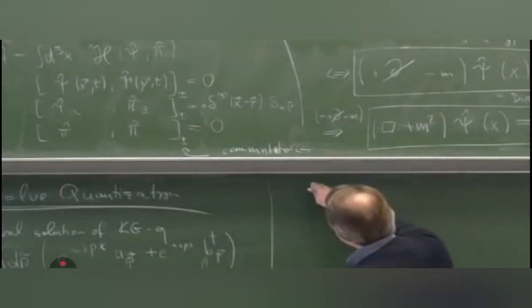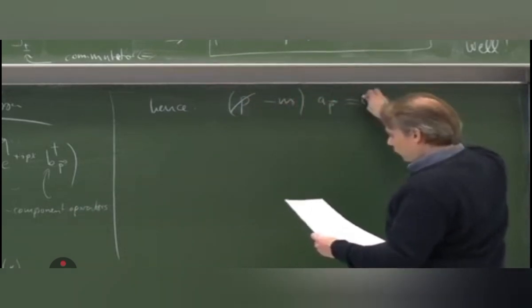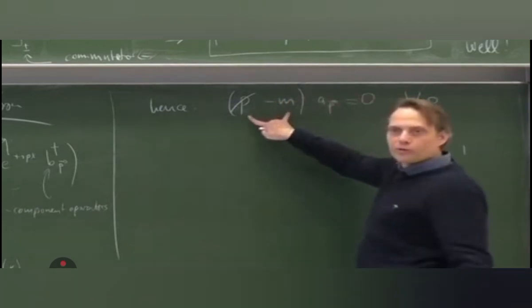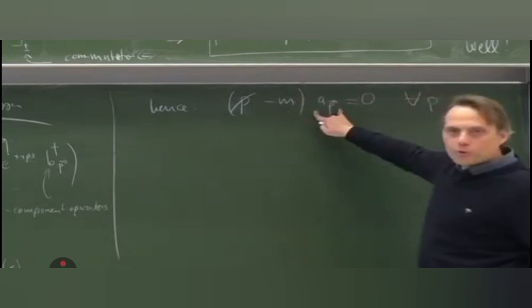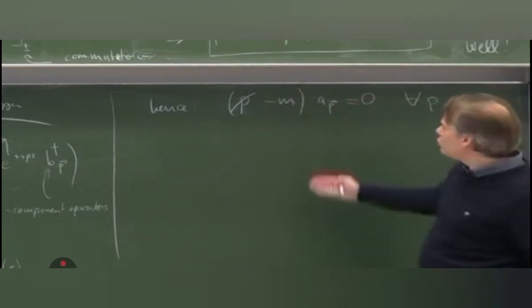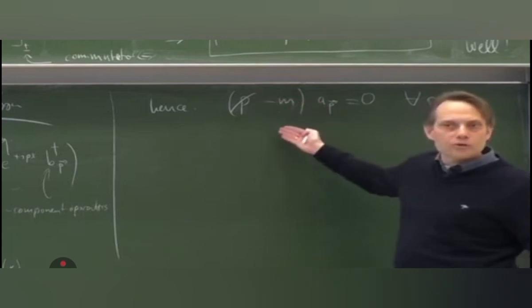Hence we get that (p-slash minus m) acting on a of p, this 4-component object, must be 0 for all p, and the same we will say later about b. But let's first consider this a. What does it mean? This is a 4x4 matrix times 4 operators giving 0, so it's a system of 4 equations between 4 operators with some numerical coefficients.